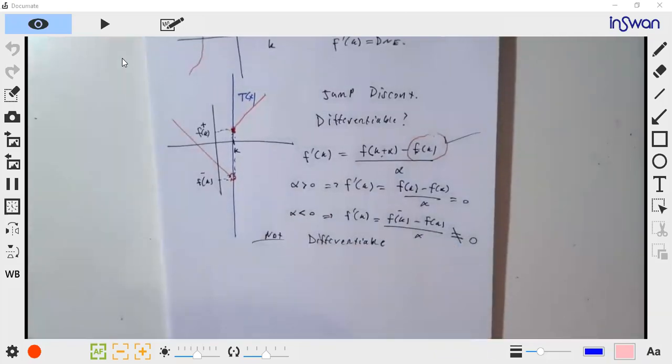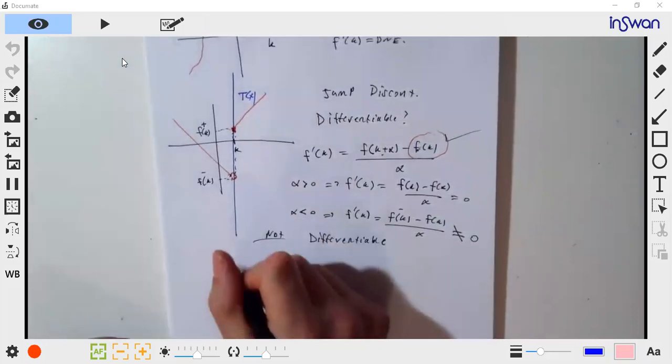But that doesn't mean it's not continuous, okay? It does have a jump discontinuity. So it isn't continuous. I'm not saying it is continuous. But you can have a continuous function that is not differentiable.